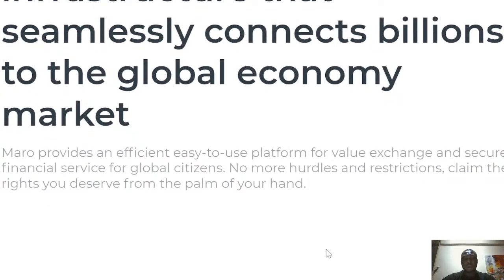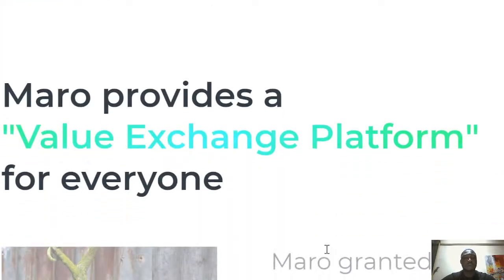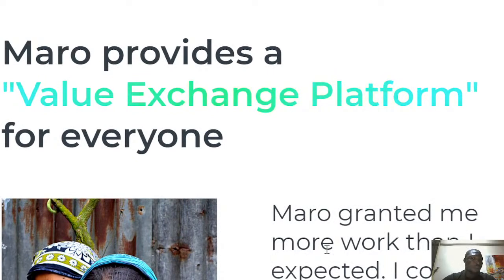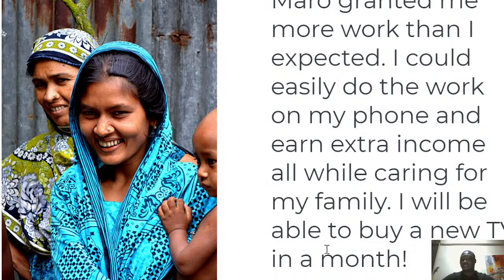The microeconomy provides an efficient, easy-to-use platform for value exchange, and also secure financial services for global citizens, without restriction, claiming the rights you deserve. They provide a valuable exchange platform for everyone.